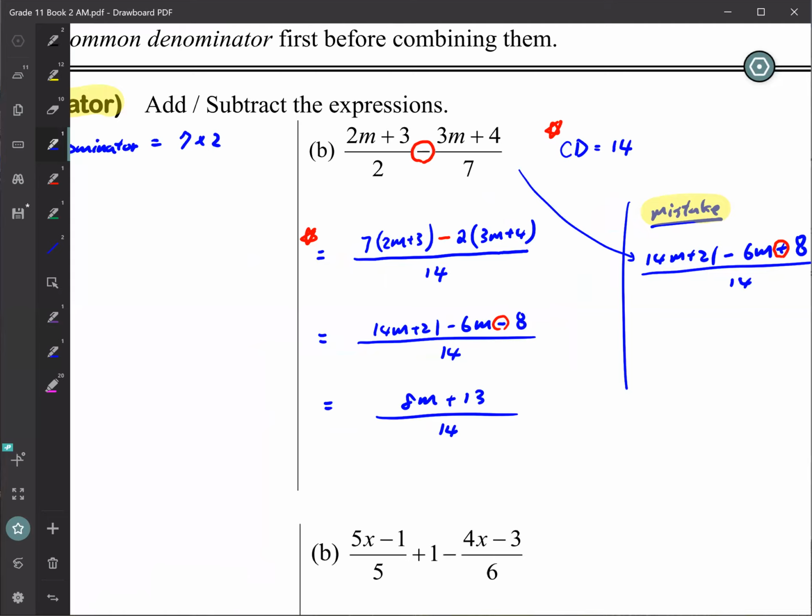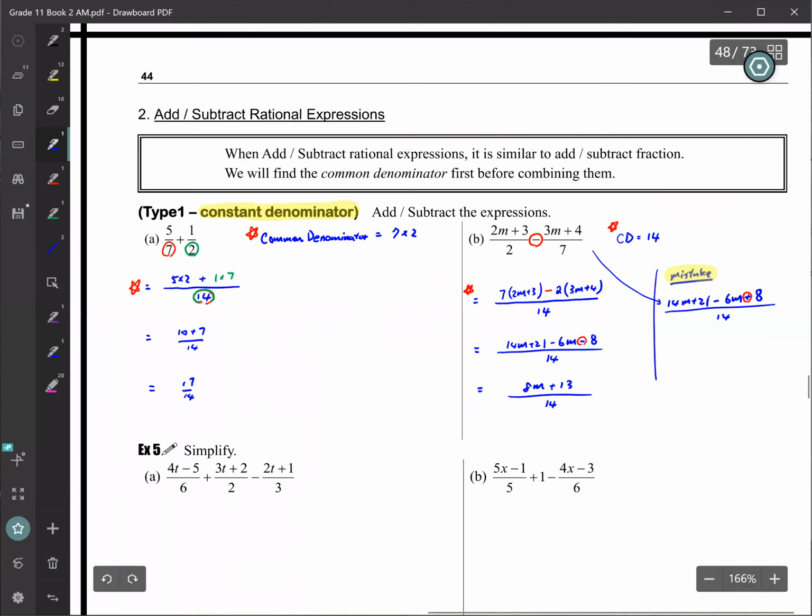To cancel things out, you need to factor and see if there are any same factors in the numerator and denominator that you can reduce. And because the denominator only has constants, no variables, there are no restrictions for this page. Any questions so far for this one?